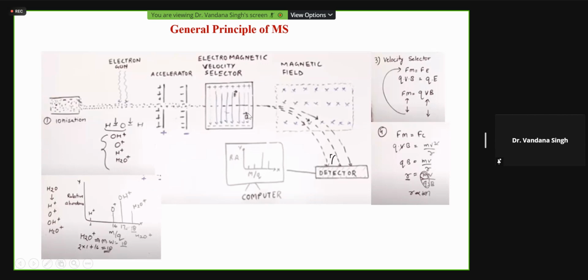So it is only used as a carrier, and we need not have any affinity of the analyte with the mobile phase. Generally, the affinity with the stationary phase, which is also liquid, held on a solid surface, is what we take into account for the separation. And helium is used as a carrier gas only. It's not interacting with the analyte.